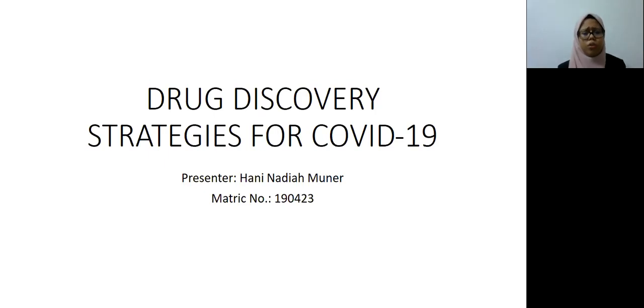This novel coronavirus is known as SARS-CoV-2. The viral genome encodes for 29 proteins, many of which could serve as potential targets for antiviral drugs.